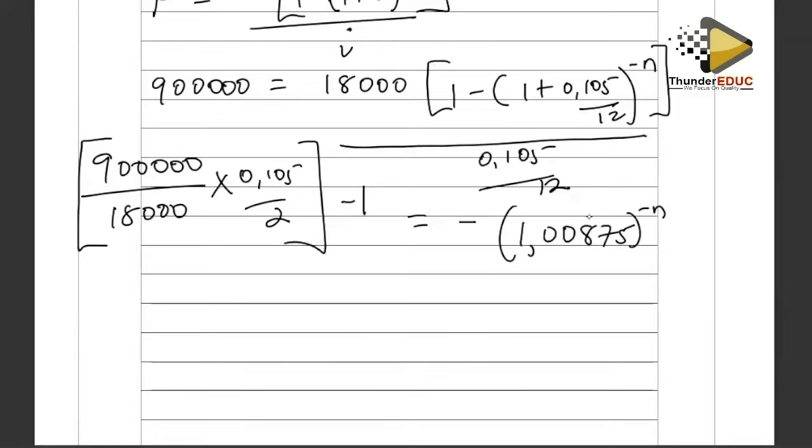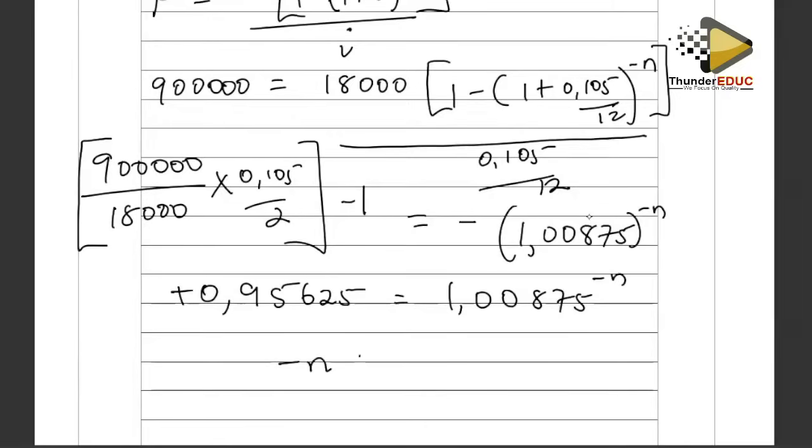Then we multiply by the 0.105 over 12, and we are subtracting a 1 after that. All right, I'm getting negative 0.95625. Okay, negative and negative is going to be a positive, to the exponent of negative n.